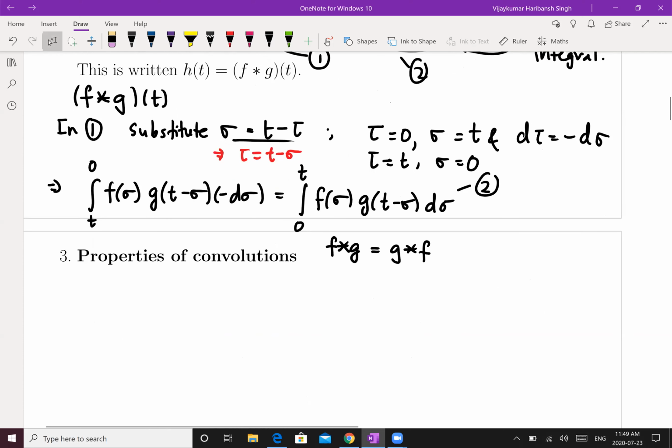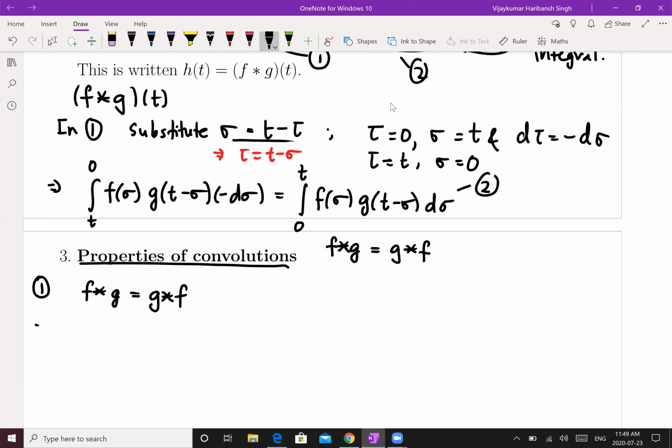Now there are a few more properties of convolution, namely the following. f star g, as we already saw, is g star f. Now it can be checked that f star (g1 plus g2) is f star g1 plus f star g2.